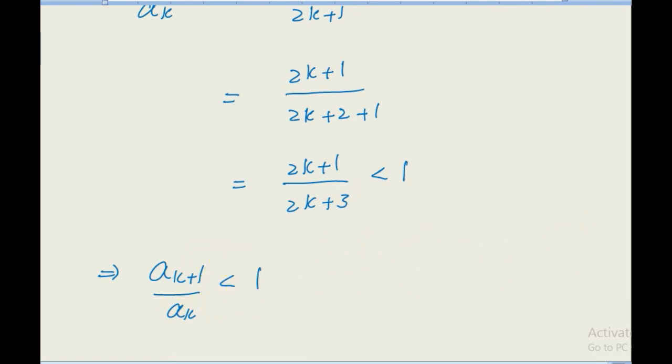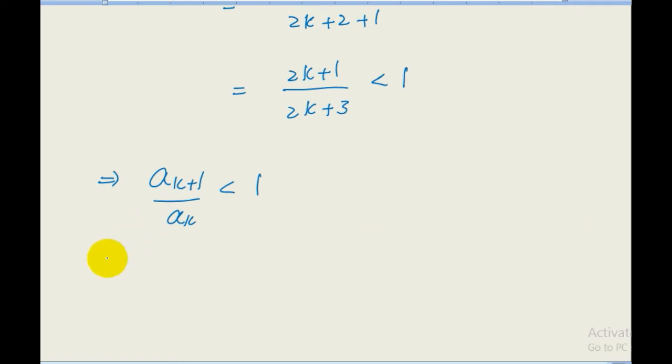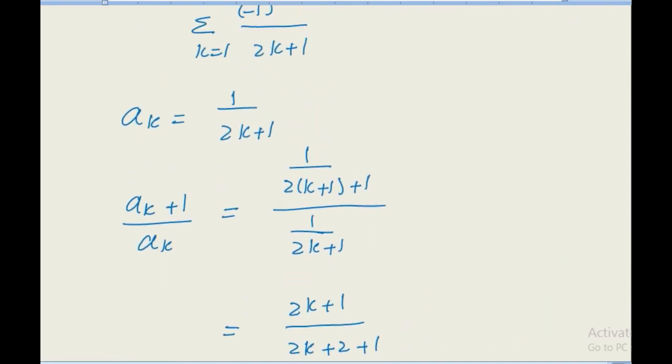So this relation shows that the given series is decreasing, which implies ak plus 1 is less than ak, or we can write ak is greater than ak plus 1. So the first condition is satisfied, meaning this given series is a decreasing series.